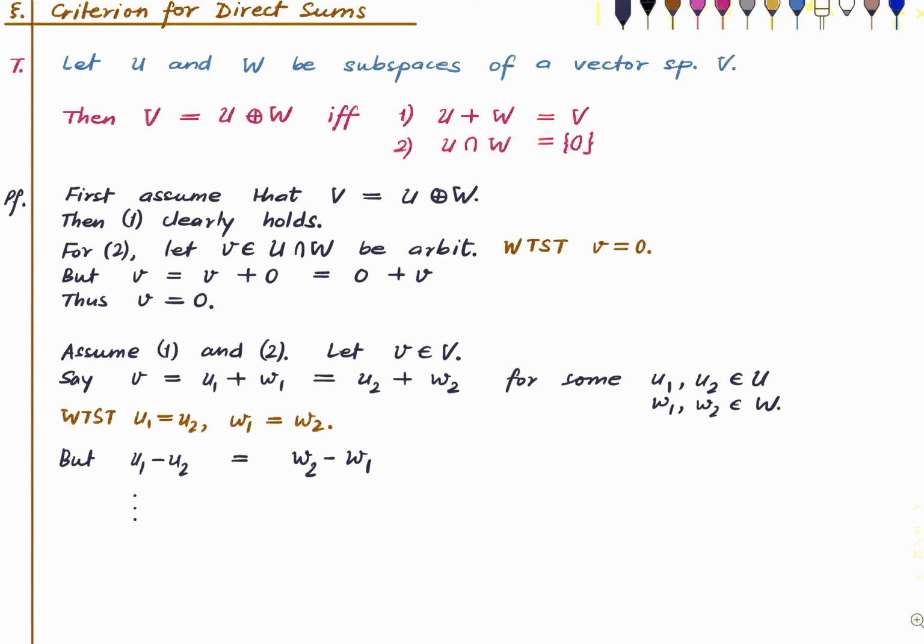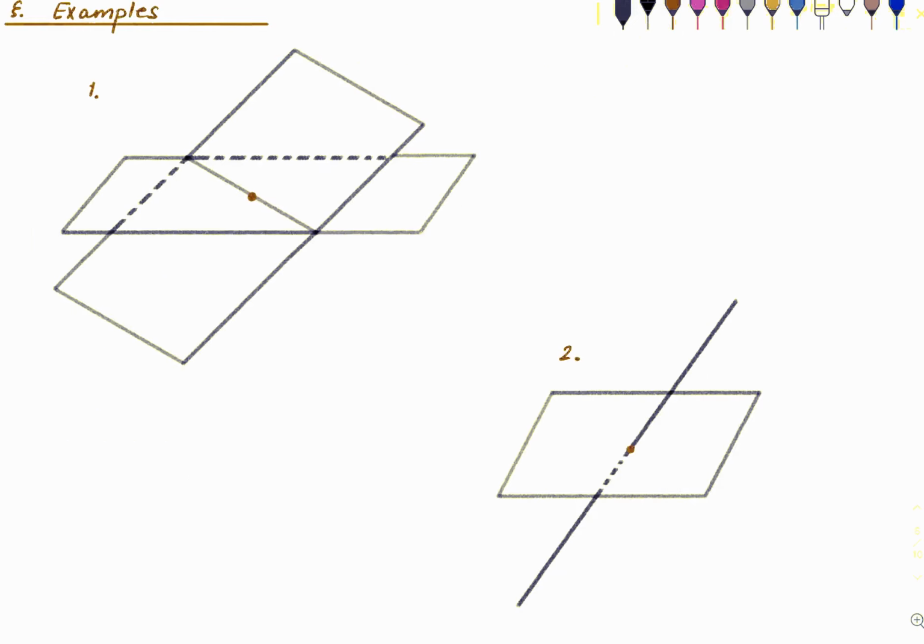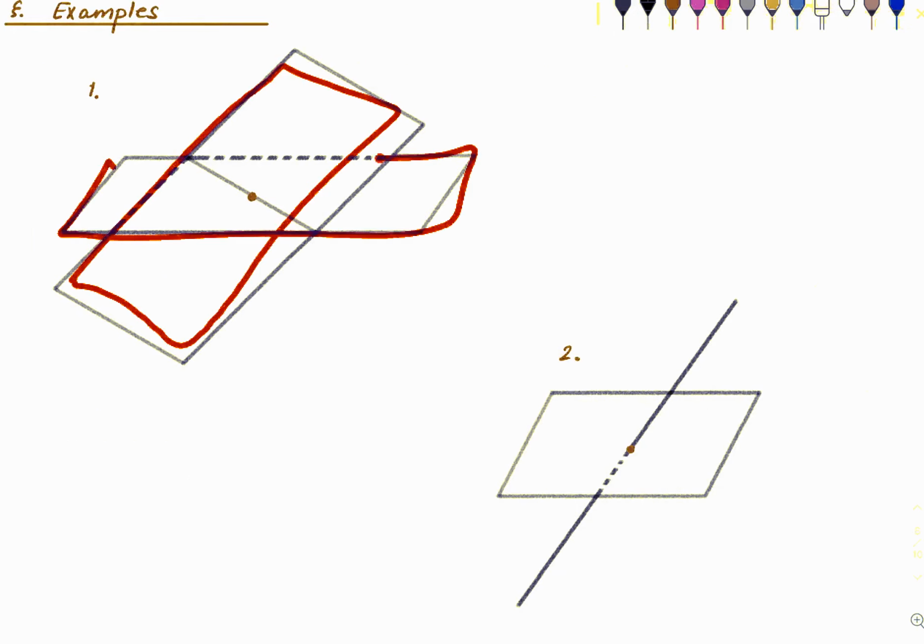Okay. So this is a criterion to detect if a vector space is the sum, or rather the direct sum of two given subspaces. And now let us look at two very simple examples which will illustrate the point. So consider these two subspaces of R3.